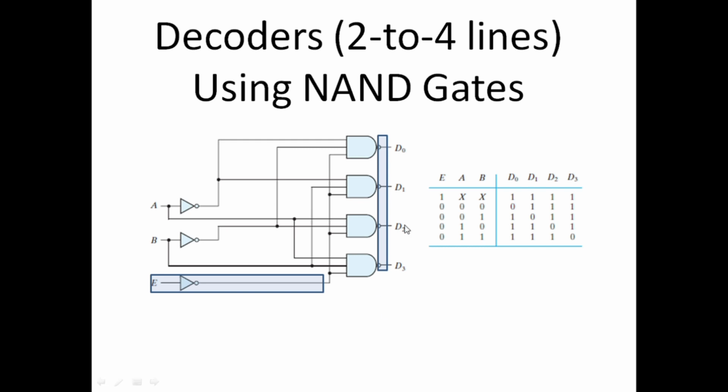The first point is that this decoder is implemented with NAND gates. Previous decoders were implemented with AND gates, and there are small circles after these AND gates which make them NAND gates, and these circles actually invert the output of these AND gates.